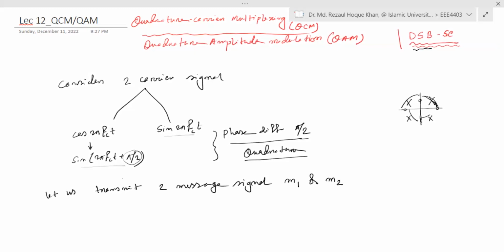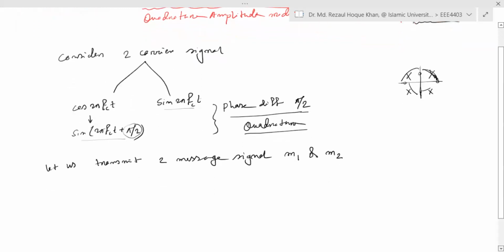These two message signals will be used in our DSB-SC scheme, as we discussed earlier. This is our intention: to transmit two message signals.